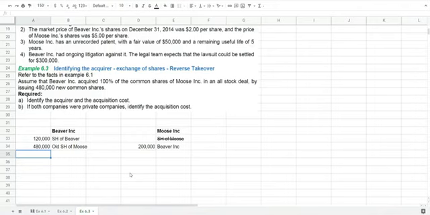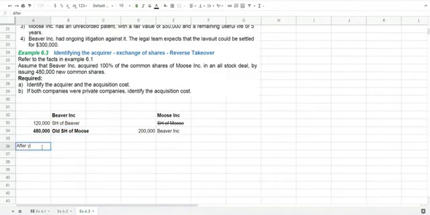Now, you don't have to be a math whiz, just looking at the relative number of shares, which of these two parties will be the big daddy now in Beaver? Who will have the majority? The big daddy is the old shareholders of Moose, right? With 480,000 shares, clearly they outnumber Beaver by a factor of 4-1, out of the total 600,000 shares.